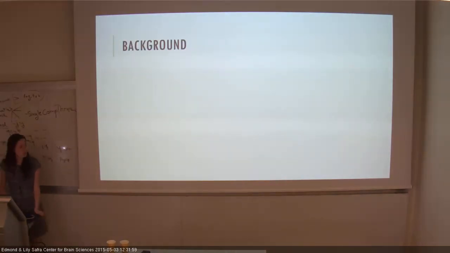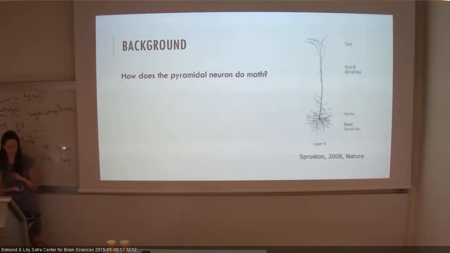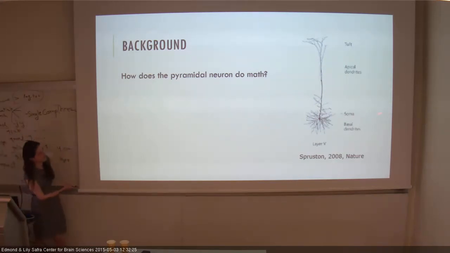Okay, so just a short background before we dive into the actual experiment. The main thing this article will try to show us is how the pyramidal neuron does math. First of all, the pyramidal neuron, just so you're all with me on the terms: it has the soma over here, usually a triangular shape, surrounded by basal dendrites.